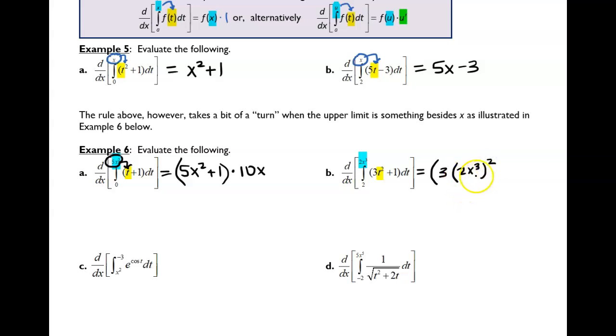So wherever the t was, I'm replacing it with 2x cubed plus 1. That was my integrand, that's this part right here. And then don't forget, I have to multiply now by the derivative, not of the inside, but the derivative of 2x cubed, which is 6x squared. I'm going to simplify this just a little bit. 2x cubed squared is 4x to the 6th. So I would have 12x to the 6th plus 1 times 6x squared.